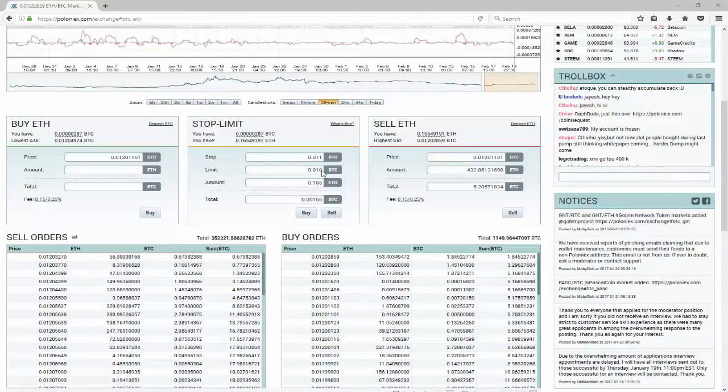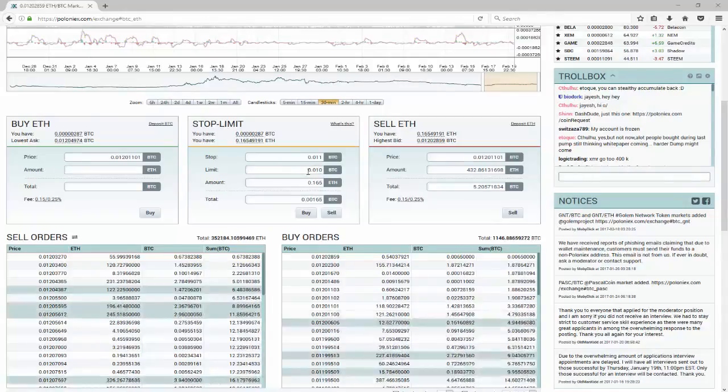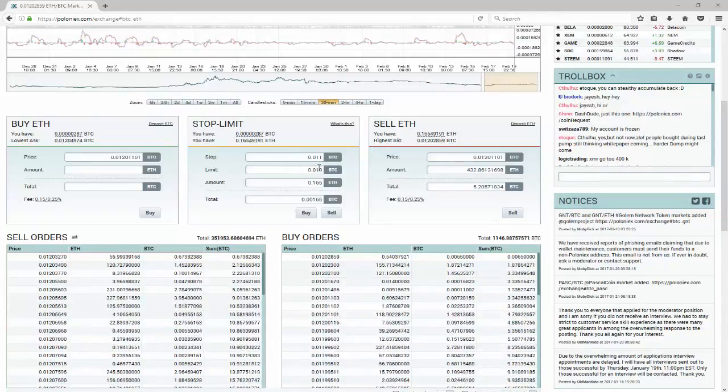So if it drops, then it'll trigger my stop, but it'll set a limit, and this is for slippage. So if you have like a large order, you want to set a limit. It'll sell up to this price, and then it'll show amount. In this case, it's only a small amount, so it would likely execute immediately. But so that's the difference between just setting the stop where it triggers and the limit fill up to this price.